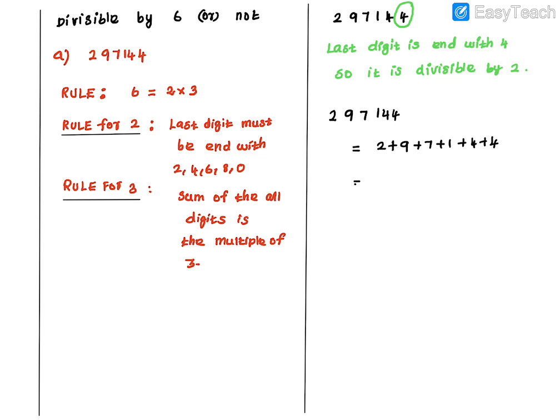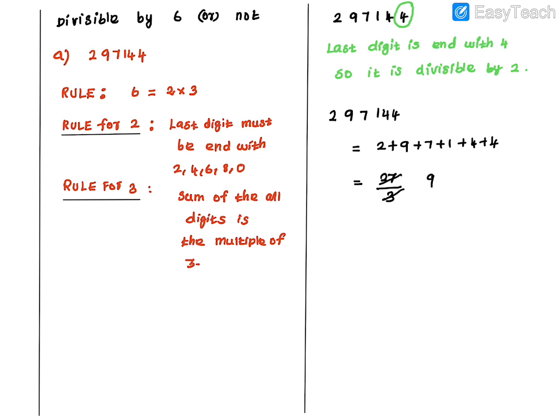Just add all those digits, 27 will come. So 27 you divide by 3. The sum of all the digits must be divisible by 3. 9 3s are 27, so it will be completely divisible.